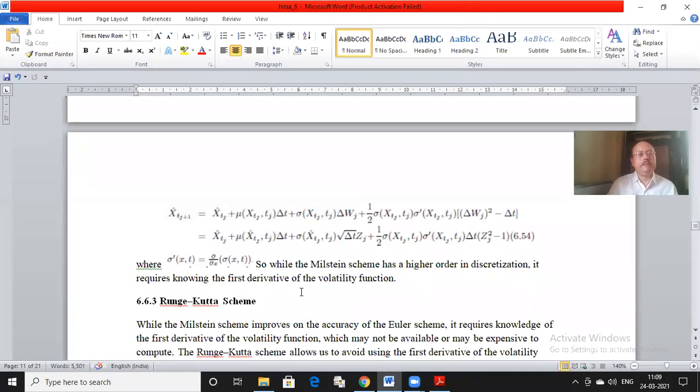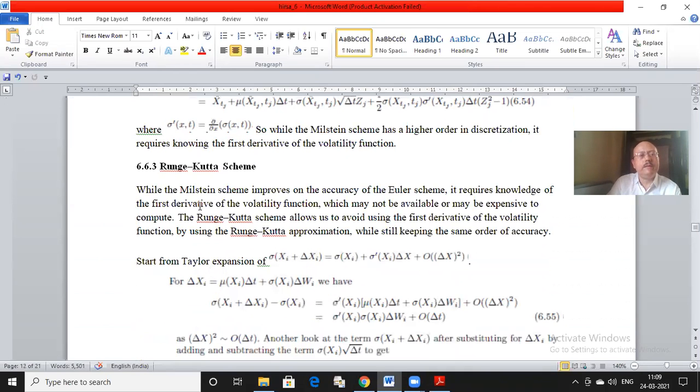It also requires knowing the first derivative of the volatility function, which will typically not be known in any real application, so the first derivative itself has to be approximated properly. The restriction with the Milstein scheme is that I need to know sigma prime, but in real life I would not know the analytical form of the volatility function. So I will need to also approximate the derivative.